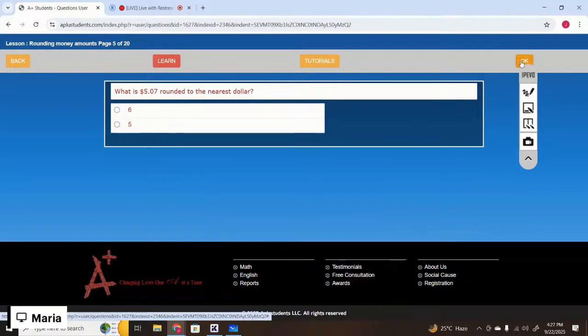What is 5.07 rounded to nearest dollar? So which is the correct option?